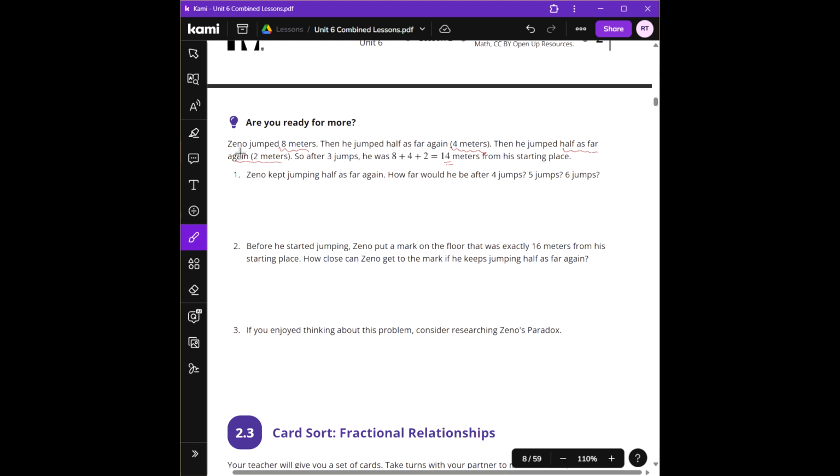Okay, so let's go ahead and do that. We know that we have 3 jumps. He's going to be 14 meters. Okay, so to get to 15 meters, that's going to be our 4th jump. So let's just go ahead and do it the long way.